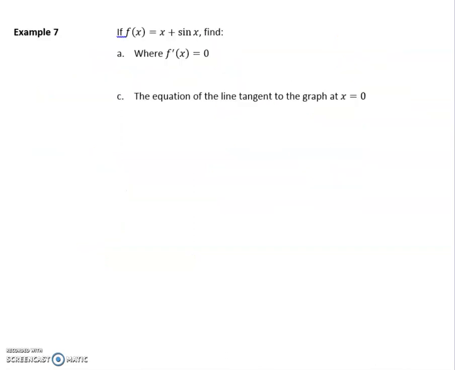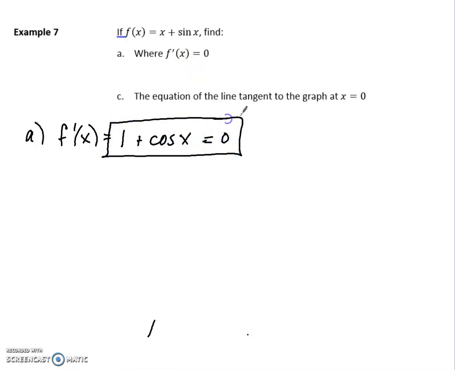All right, last one gives you f of x, and they want you to find where f prime of x is equal to 0. So I guess the first thing we should do is find f prime of x. So I can take the derivative of each part, derivative of x, 1, derivative of sine, cos x. Okay, I'm going to set this equal to 0. So I'm solving this little piece right here.